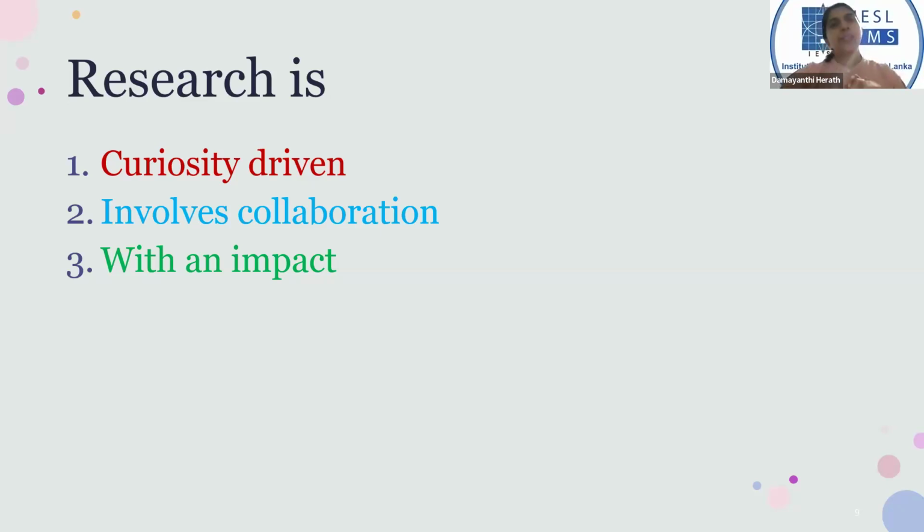And the other thing is, research will have an impact. That impact can be a patent. It can be a new algorithm that you are introducing to the world. And another impact that comes out of research would be a publication. So that is what we are going to talk about today.